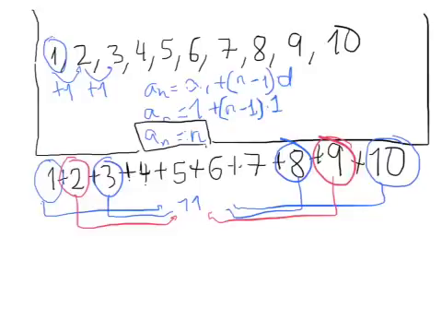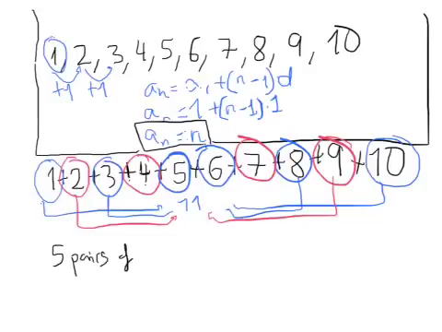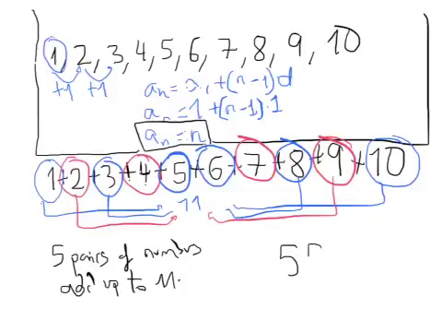And so do the 7 and the 4, and the 5 and the 6. So in total, I have 5 pairs of numbers that add up to 11. So very quickly, if I have 5 11s, I have 55 as the result of this sum.